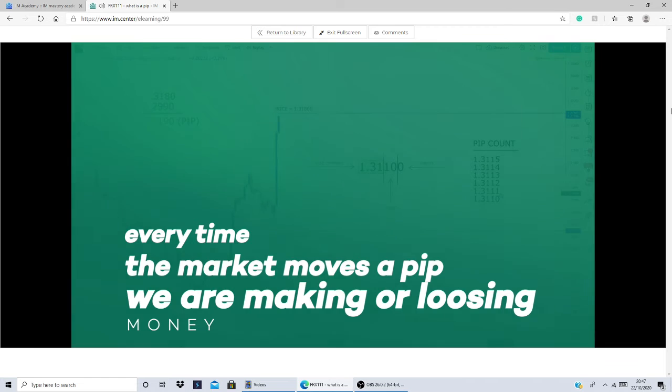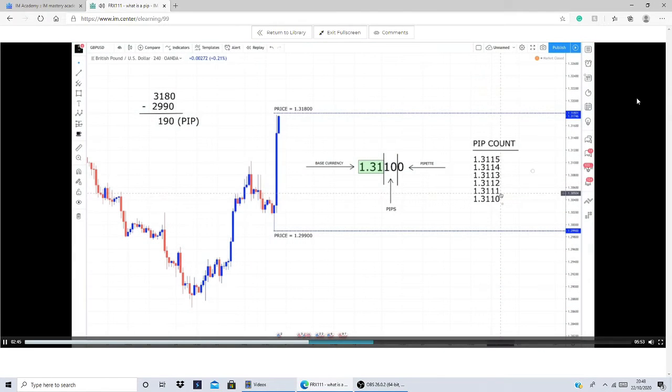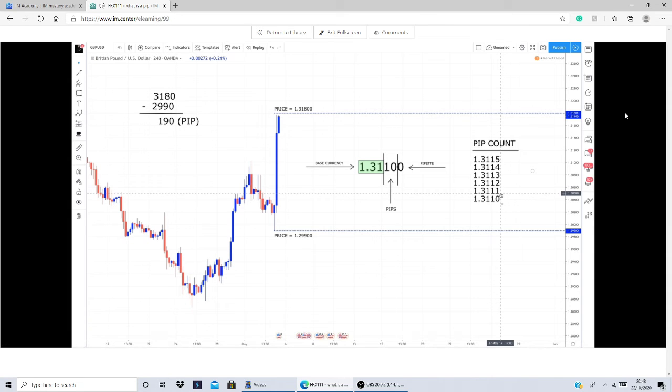Now, as we see here, as the value continues to rise, the pip count will continue to rise. So the pip count will then go from 1.3111 to 1.3112 to 1.3113 to 1.3114 to 1.3115. So as you see, it's continuing to rise.